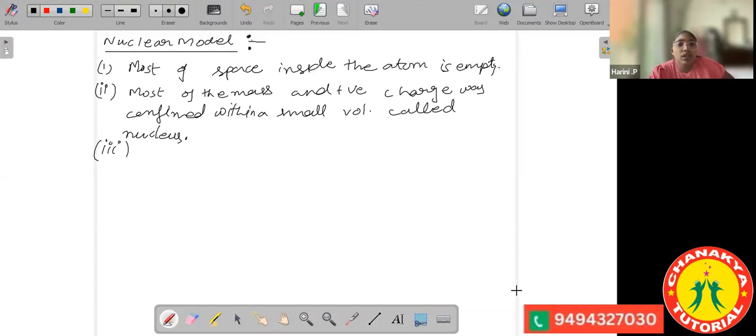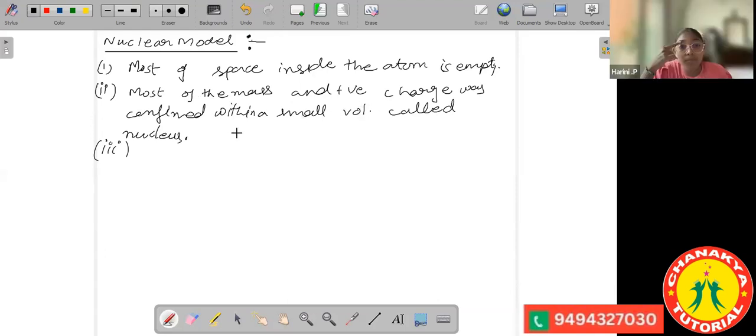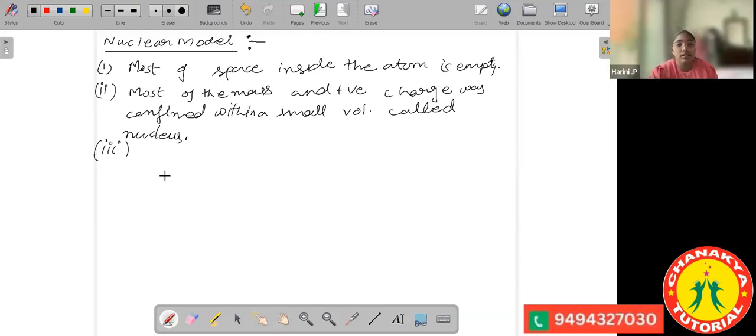The positive charges were located in the center. That we have done. The size of a nucleus is very small. That also we concluded, small volume. The electrons revolve around the nucleus in circular orbits.